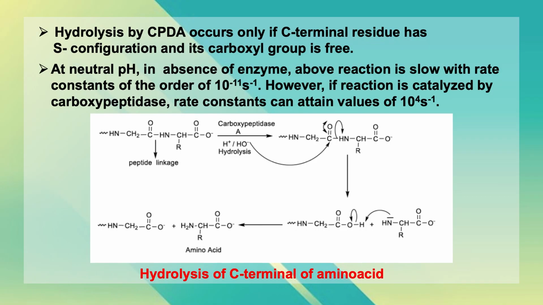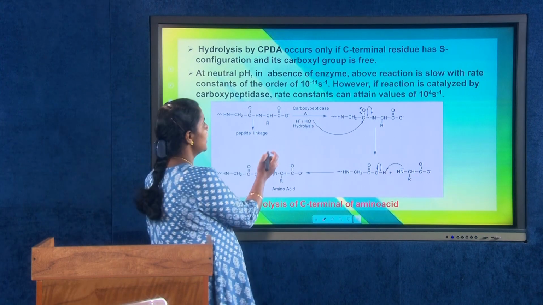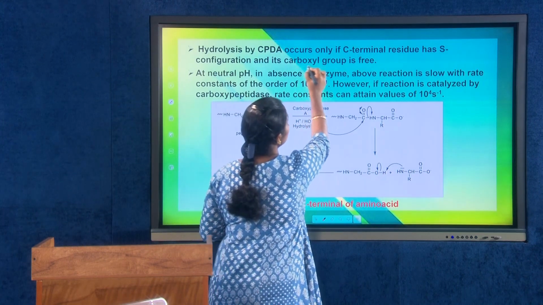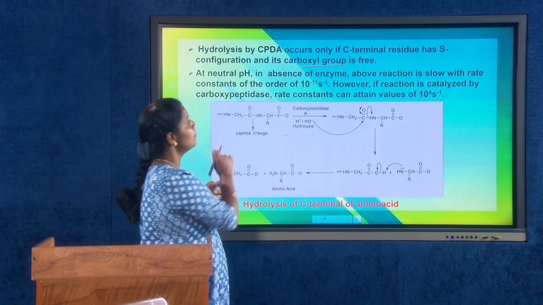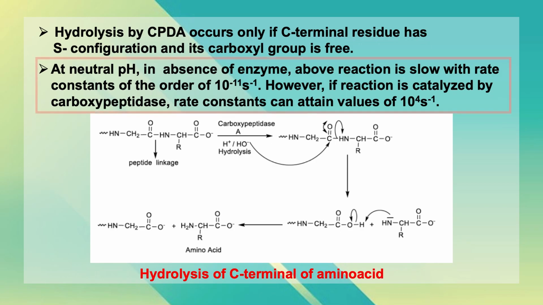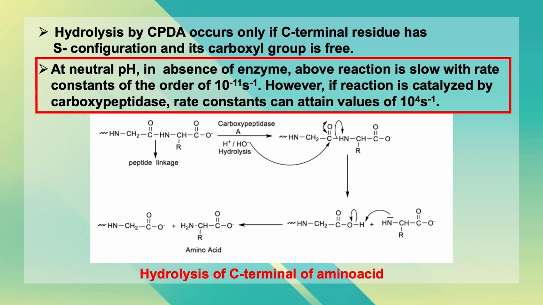Now, I already mentioned that the hydrolysis by carboxypeptidase A occurs only at the C terminal residue that has an S configuration, and also at the end which has a free carboxyl group. At neutral pH, in the absence of the enzyme, the above reaction occurs at a very low rate constant.